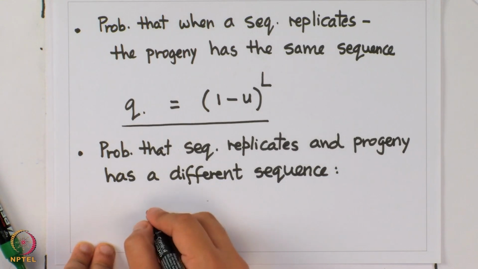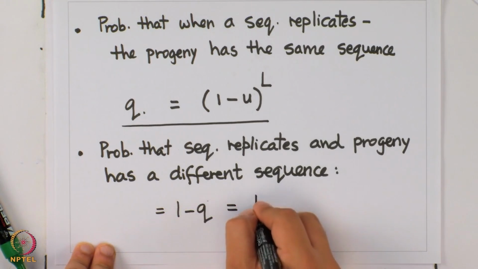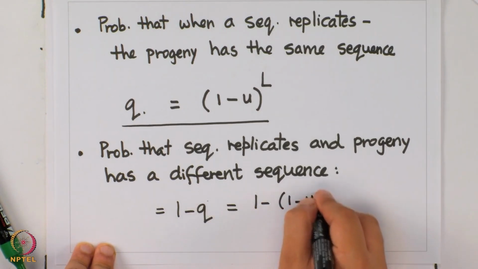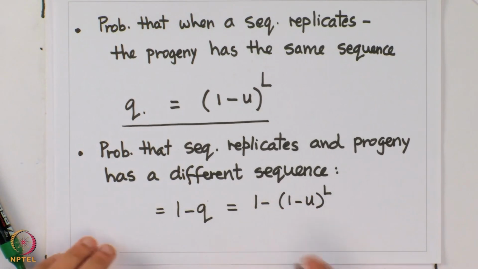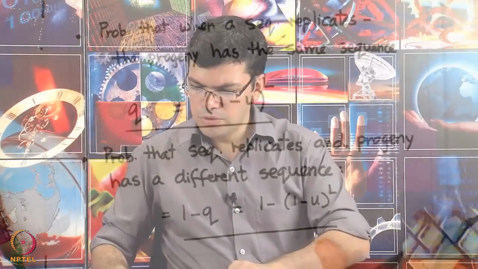So, this probability is just going to be given by 1 minus q, which is 1 minus (1 minus u) to the power L. Right? You should convince yourself that these are all positive numbers. Now we have the probabilities associated with the fact that given the mutation rate, when division happens, what is the probability that I am creating a progeny which is identical to my sequence, and what is the probability that I am creating a progeny which is dissimilar from my sequence and is a mutant progeny.